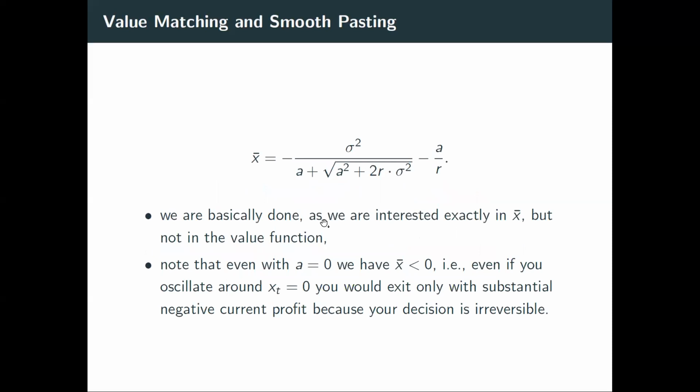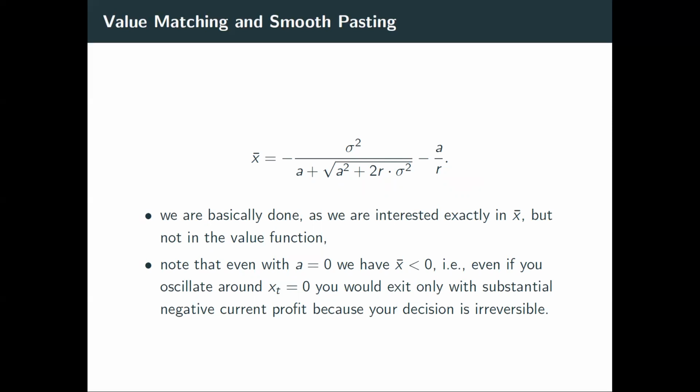What is kind of interesting about that is the following. Clearly, first, we are basically done with solving the problem, right? Because again, we were not that interested in the value function itself, in these constants C1 and this value function. We were interested in what is optimal to do at any point in time.